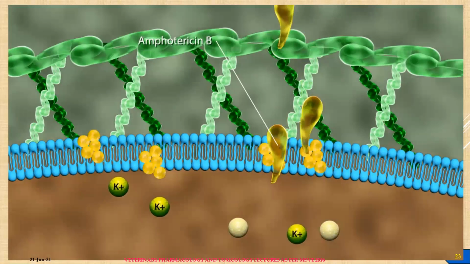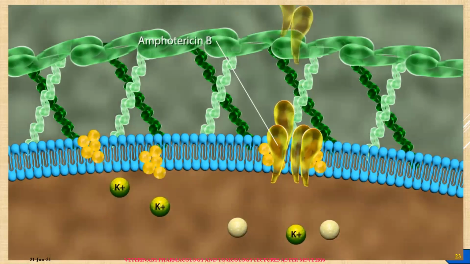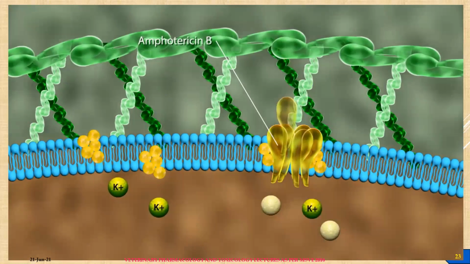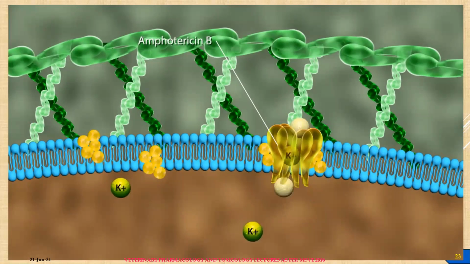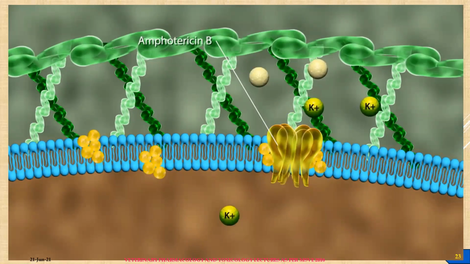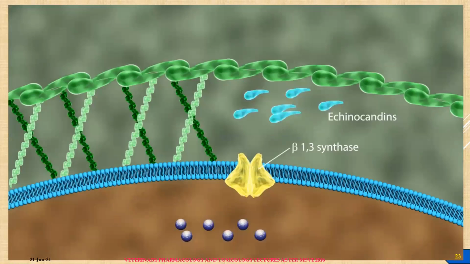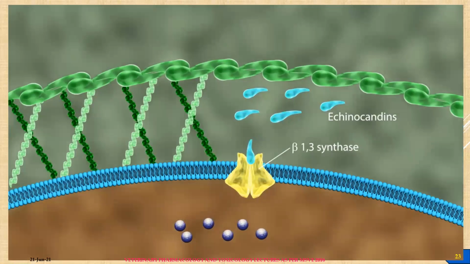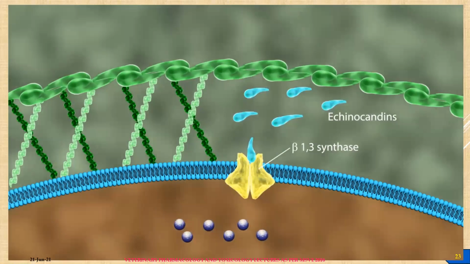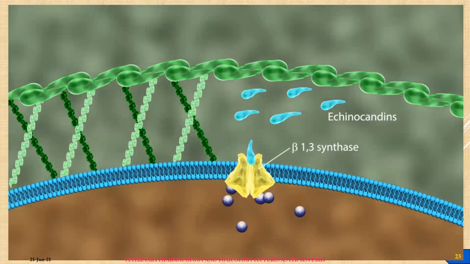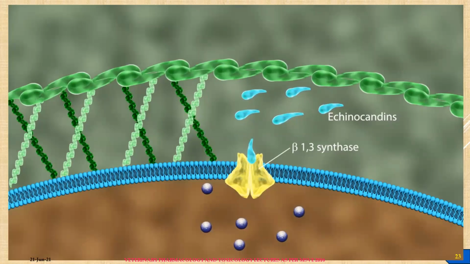Whereas amphotericin B, the drug we are dealing with, comes inside the fungal cell and hampers the potassium-hydrogen ATPase pump, so the cell membrane becomes destabilized. Other drugs also act on beta-1,3 glucan synthase, which is a very important step in cellular transport.